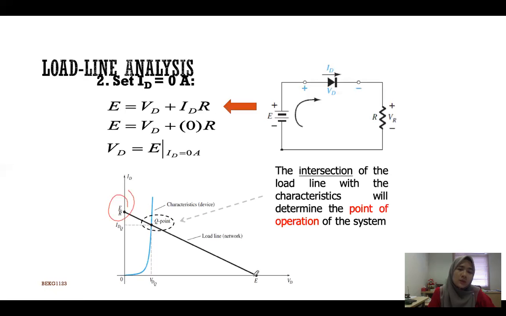Then the intersection of the characteristic line with the load line gives you the Q point, and you can determine the VDQ and also the IDQ, which is the point of operation of the diode system. This actually depends on the circuit; these values are valid for this simple circuit.